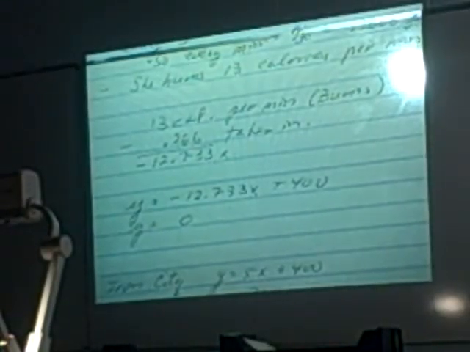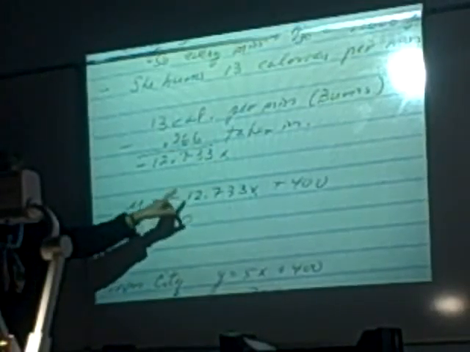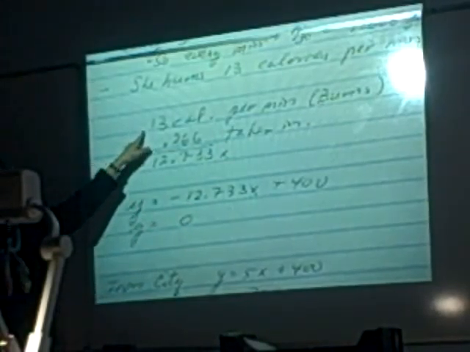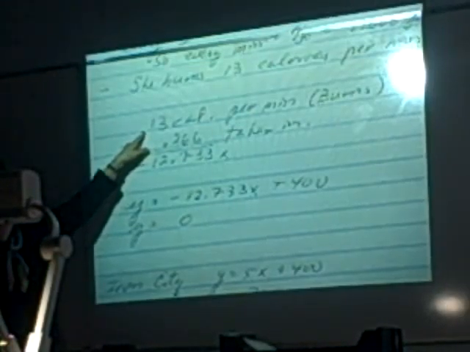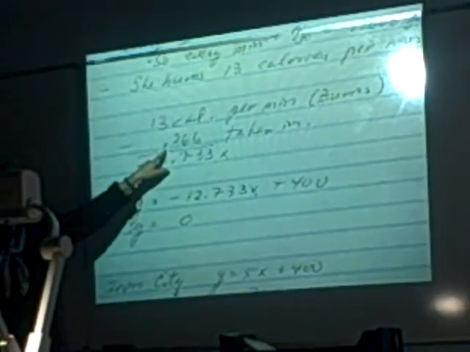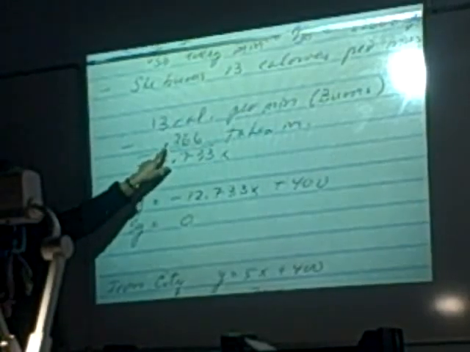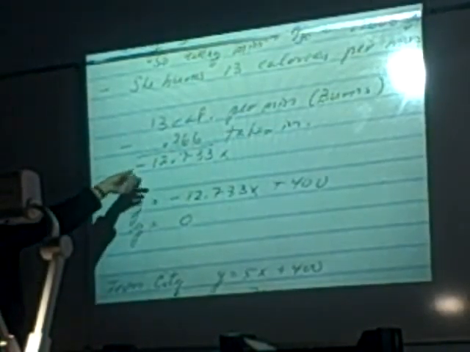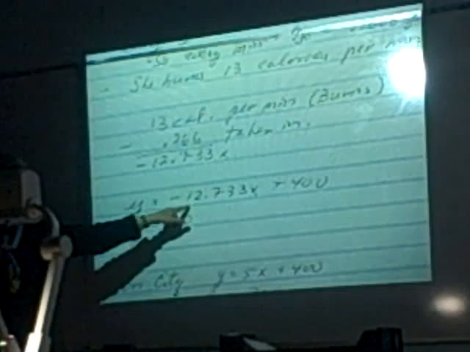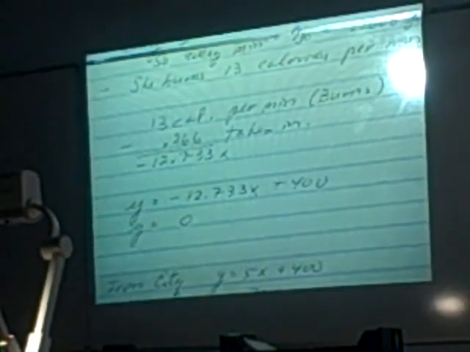Because if she's burning that every minute and she starts off at 400. Where'd you get the 12.733? How did I get the negative 12.73? I knew that she was burning 13 calories per minute. The orange slice was 8 calories per 30 minutes. So you just subtract. I divided 8 by 30 to get the 0.266, and I found the difference. So I knew that she was burning at negative 12.733 plus 400.